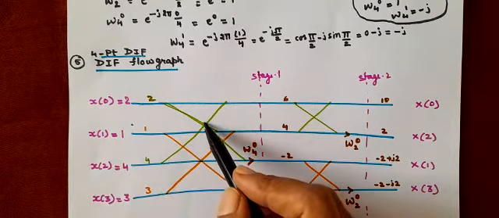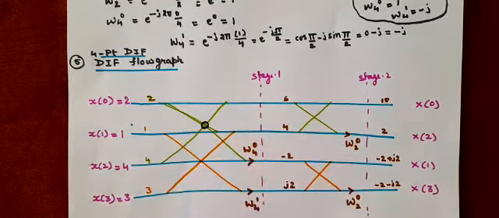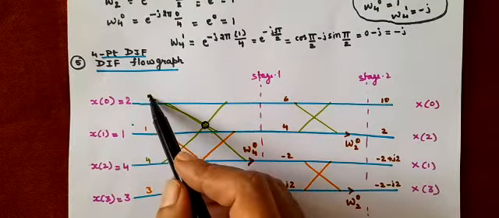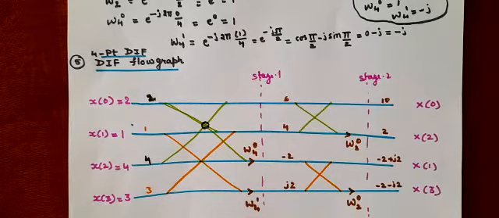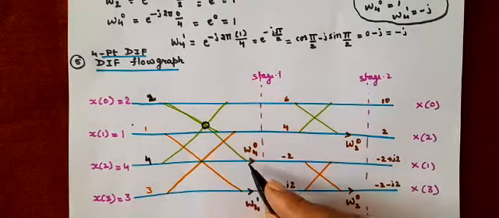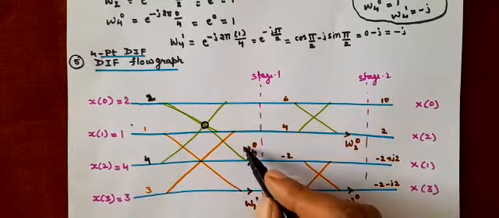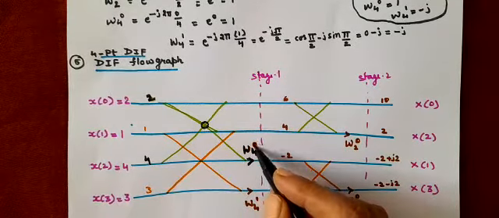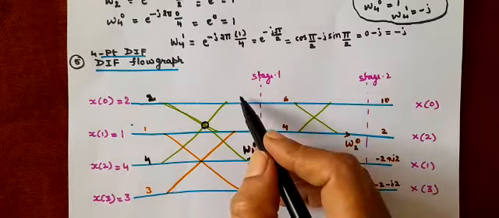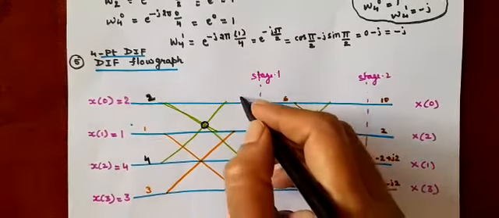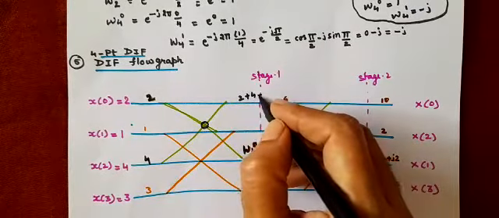This is the first butterfly. For this butterfly, the inputs are 2 and 4. The twiddle factor for this butterfly is W4 to the power of 0. So what is the output equation here? A plus B: 2 plus 4, which is equal to 6.